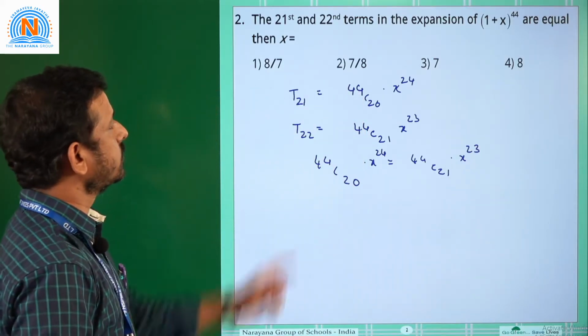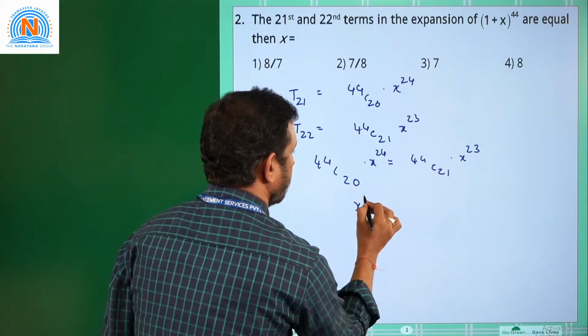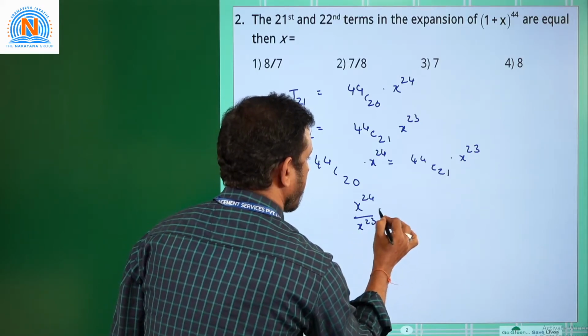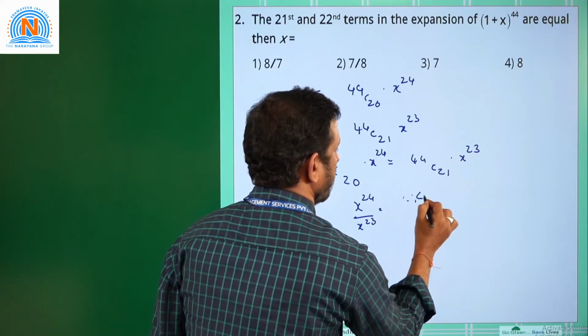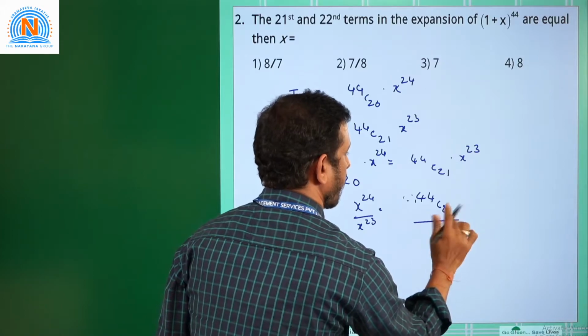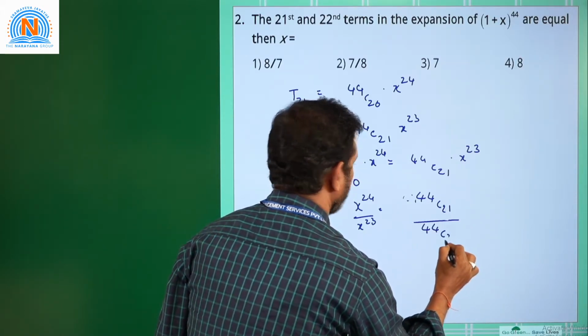Now we are supposed to find the value of x. So get the x terms to one side: x power 24 by x power 23 is equal to 44C21 by 44C20.